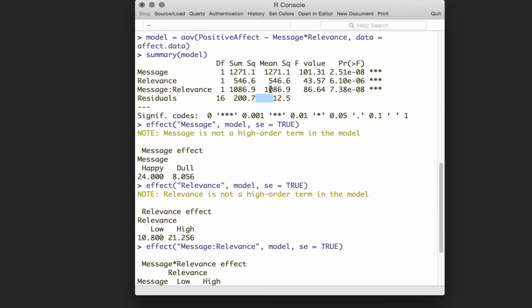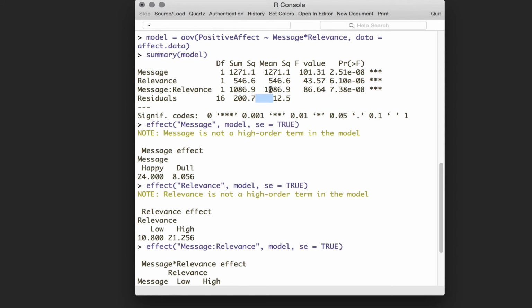So for the main effects, it literally is just doing a one-way ANOVA, forgetting about the other factor and just doing a one-way ANOVA on that factor, but we will get different results because the error term is calculated differently. So that was a simple introduction to two-factor independent ANOVA.